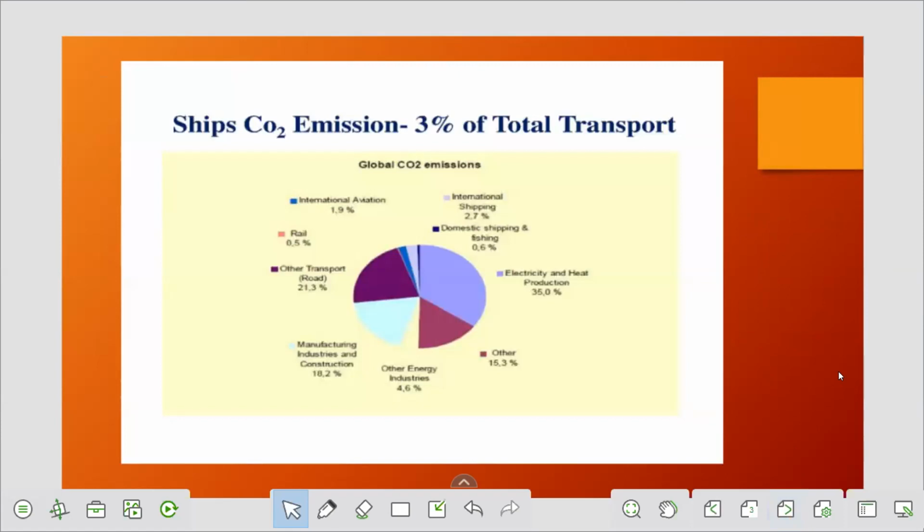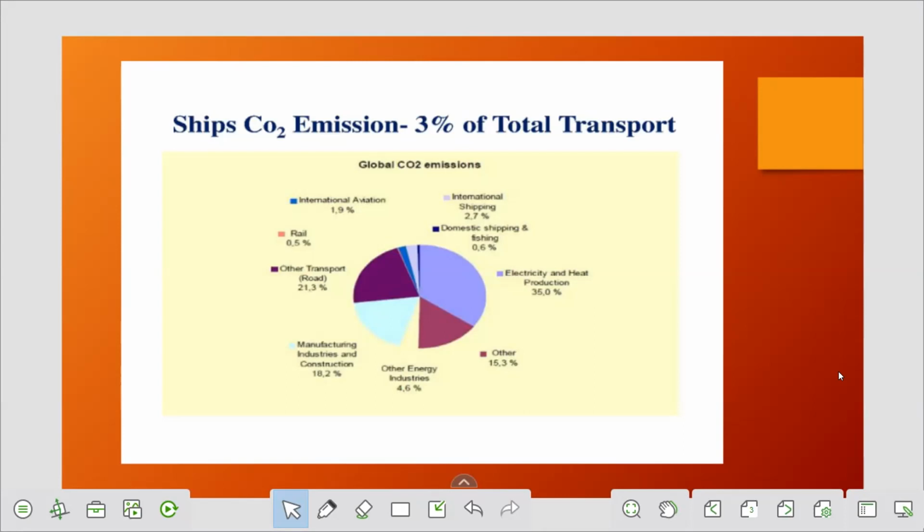Now, when we say energy efficient here, the main idea is the reduction of greenhouse gas emissions, especially carbon dioxide emission. CO2 emission from ships is only about 3% of the total. Across all industries, international shipping was only 2.7%, and it varies from year to year.